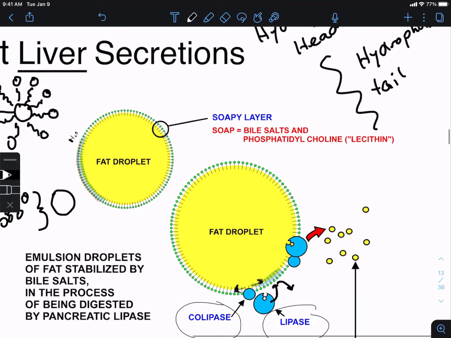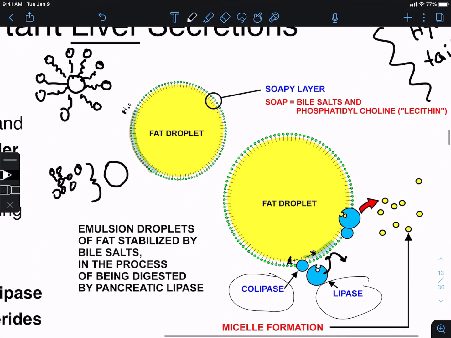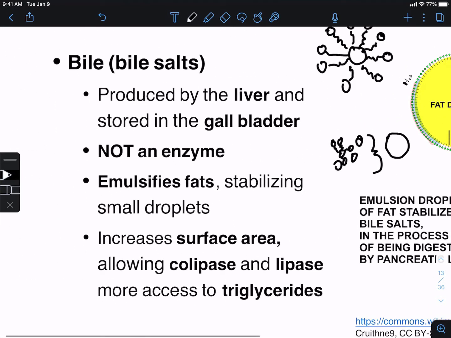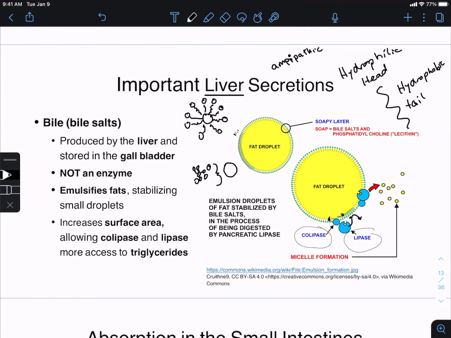And so you can have those types of molecules, and they make great emulsifiers, great soapy layers that can be used to increase the surface area and therefore increase the digestion of fats in this case. Or if you're washing dishes and the dishes are greasy, they can help the grease bind on to our little hydrophobic tail, and then the hydrophilic head will interact with the water and it will wash down the drain.